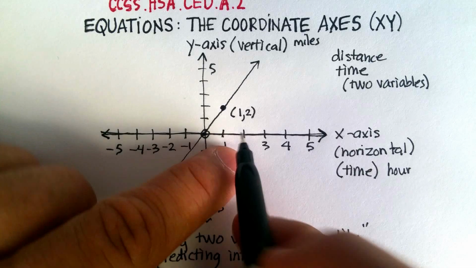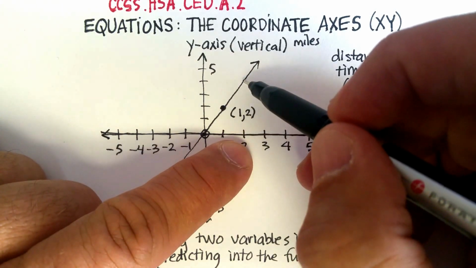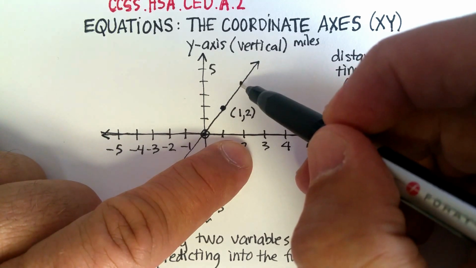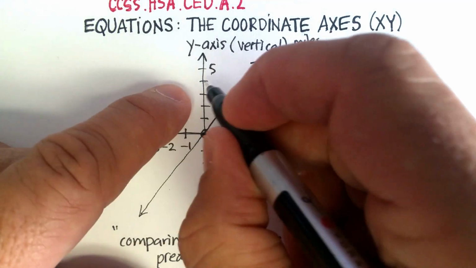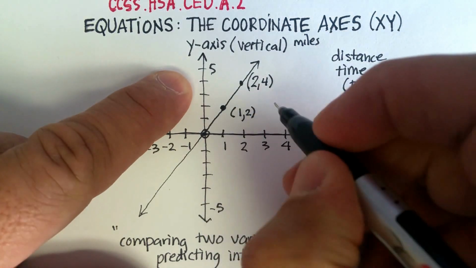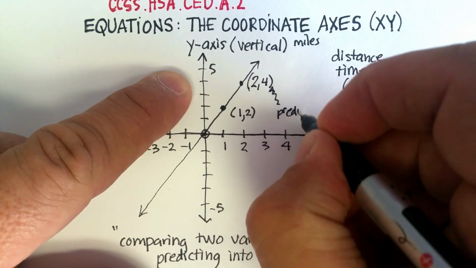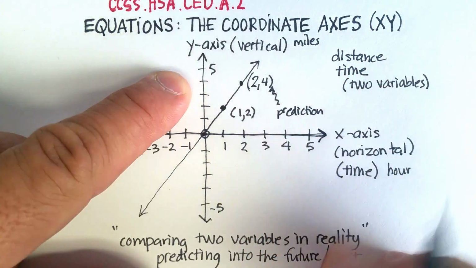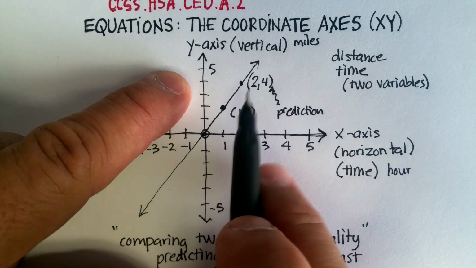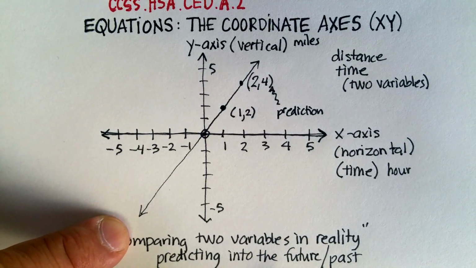After 2 hours, I'll just follow this line and go right up here, and I see after 2 hours, it will have traveled, predicting, 4 miles. Now, this is a prediction, right? Regular words can't do that. Mathematics can describe the reality, and it can do that, okay?